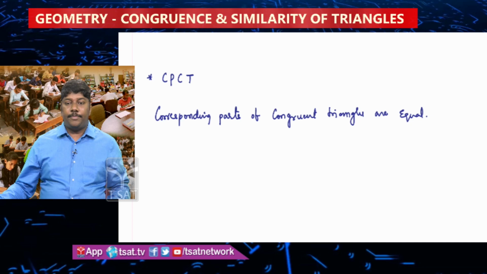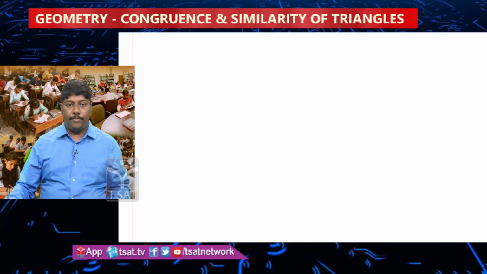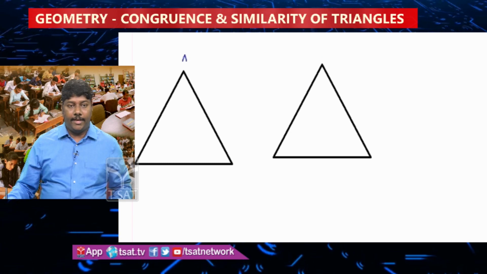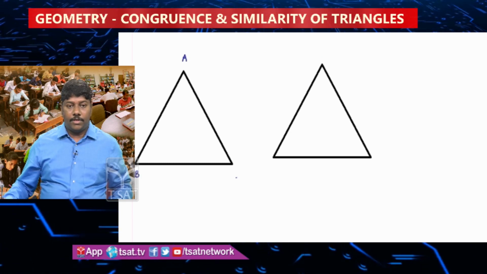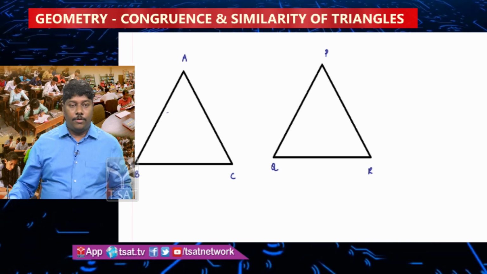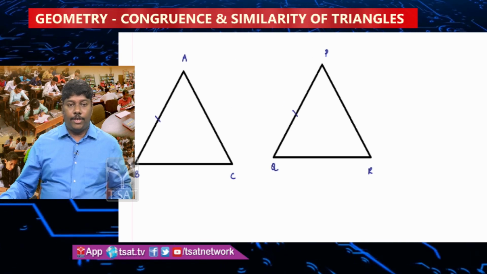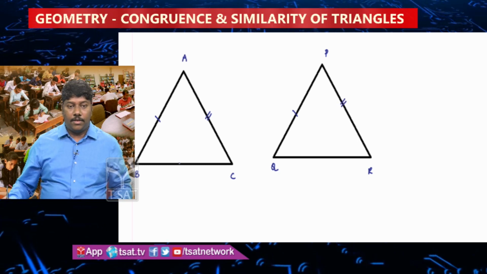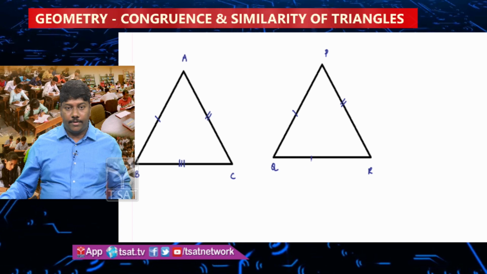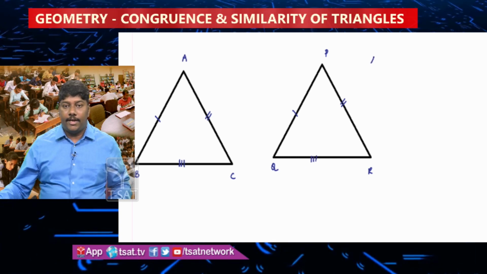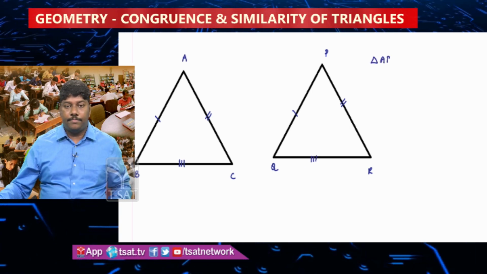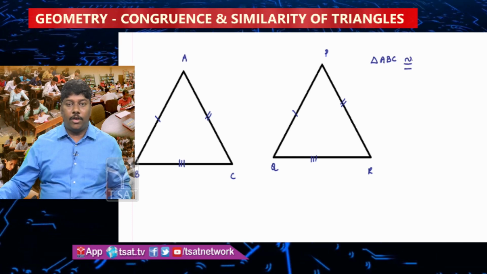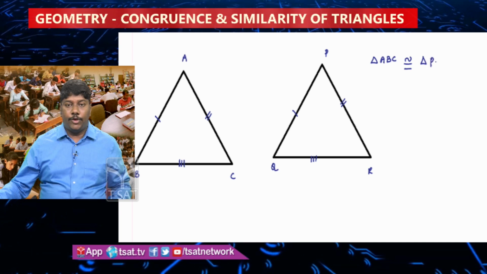What do you mean by corresponding parts of congruent triangles? Suppose, just take a triangle. I'm saying the first triangle is triangle ABC. Second triangle is PQR. We know that AB is equal to PQ, AC is equal to PR, BC is equal to QR. So I would say triangle ABC is congruent to, this symbol represents the congruency, triangle PQR.